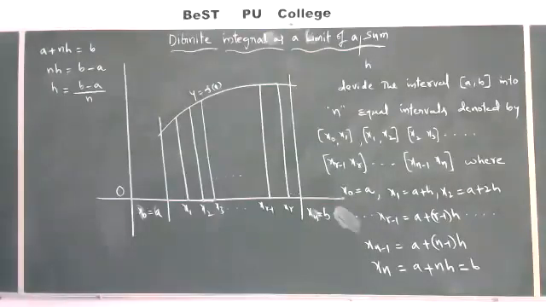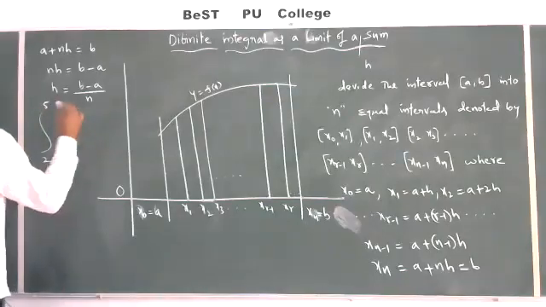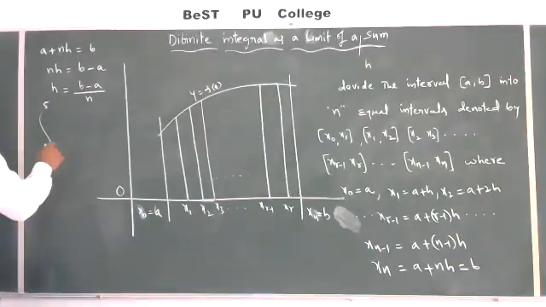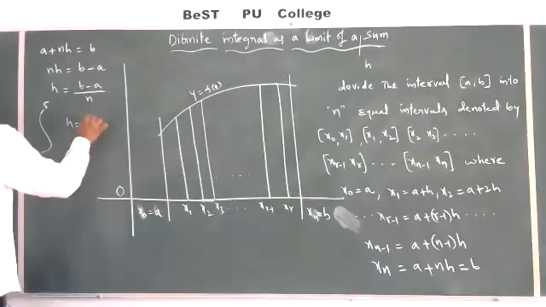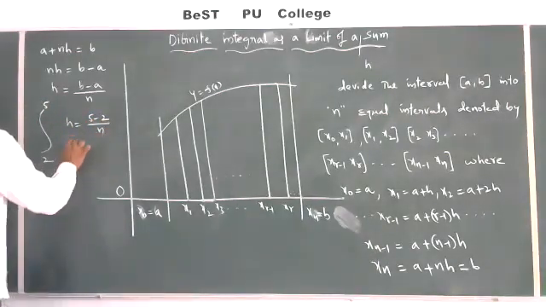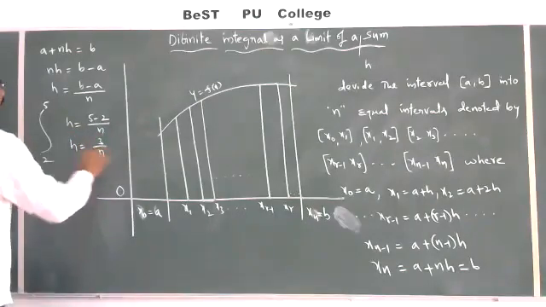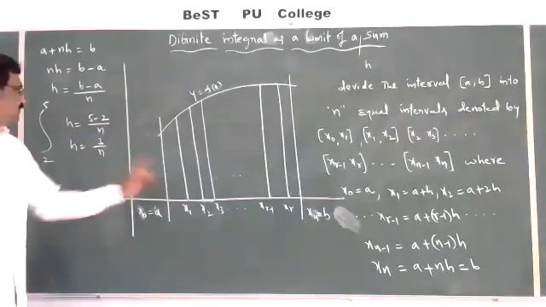For example, if they give the integral 2 to 5 in the problem, what is the h value? You make n equal intervals. So h value is (5 minus 2) by n, that is, h is equal to 3 by n. The width is 3 by n.